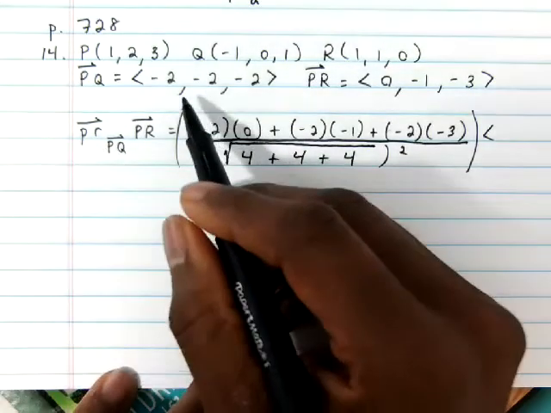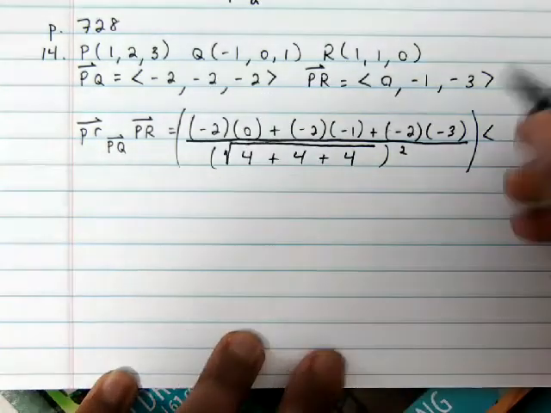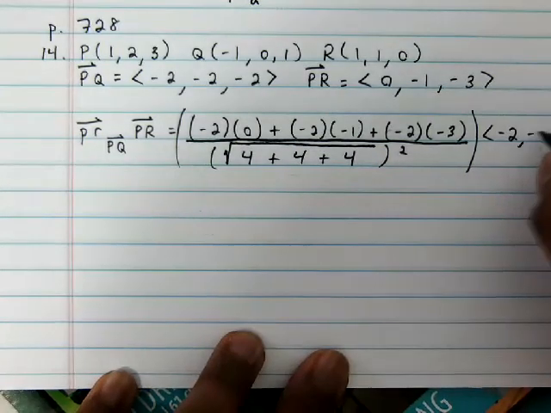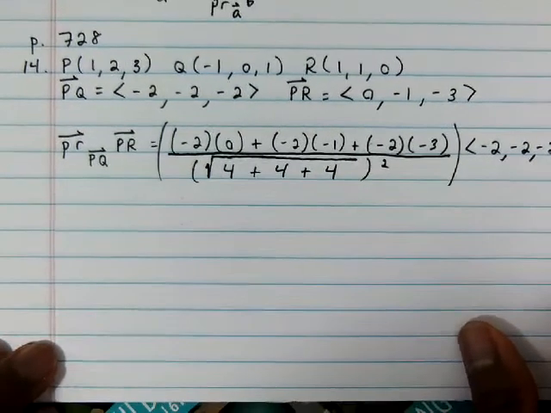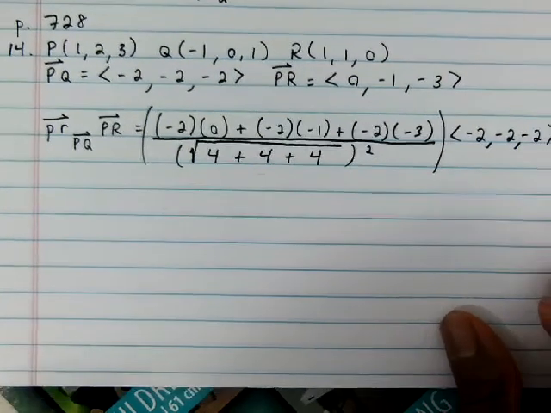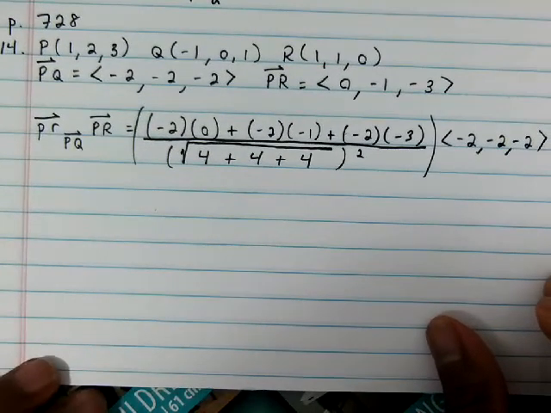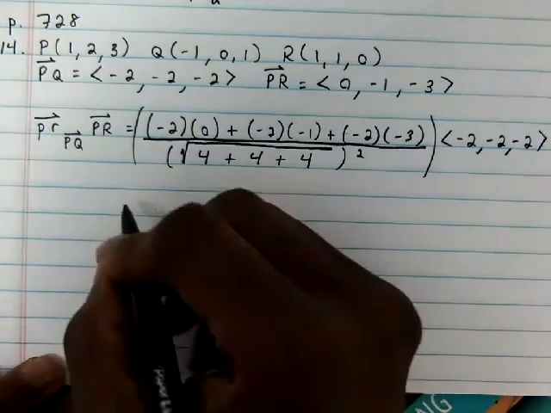So the vector PQ is just (-2, -2, -2). And then we simplify this.